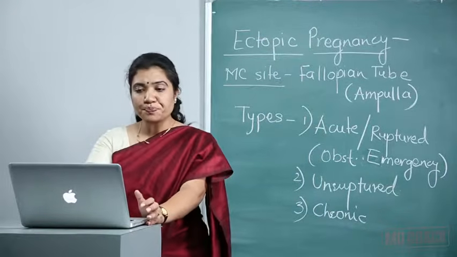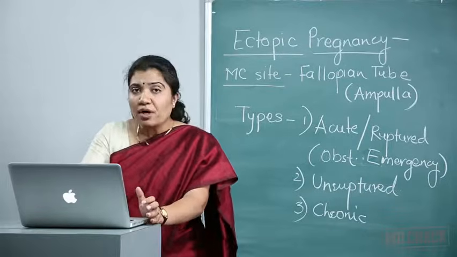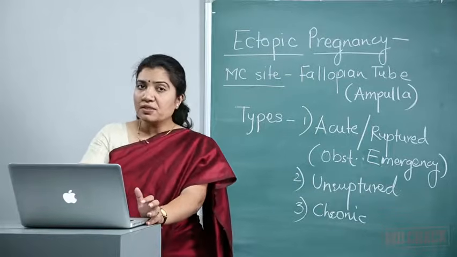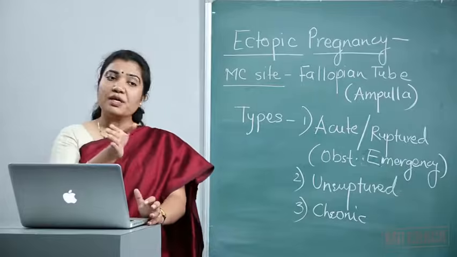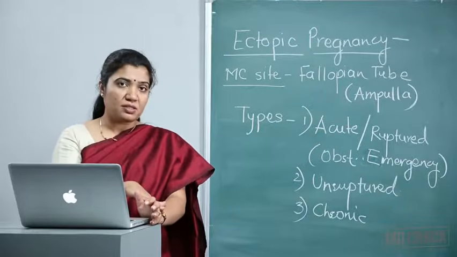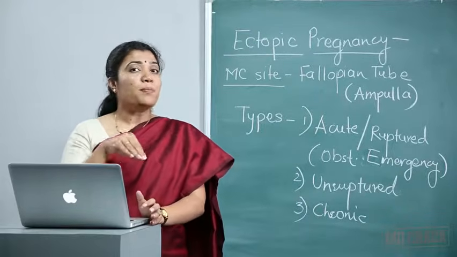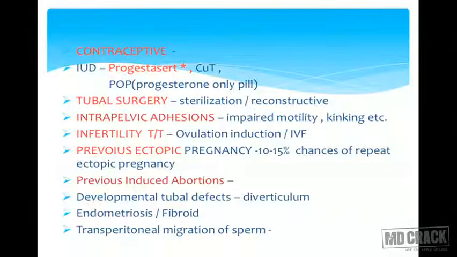Use of contraceptives. We use contraceptives to give us protection against intrauterine pregnancies. So they may increase chances of implantation of the embryo extrauterine. Which are these? Kind of intrauterine devices, especially progesterone containing, Progestasert, or progesterone only pills.